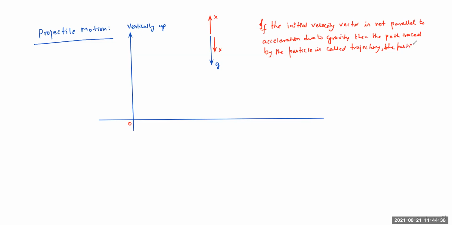The particle is called projectile, and the motion it describes is called projectile motion.